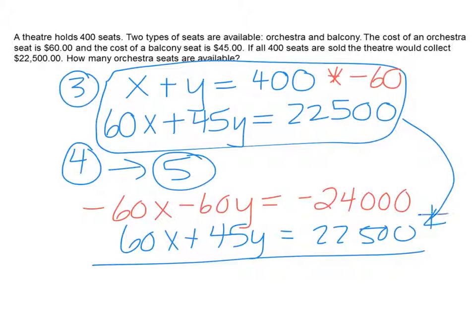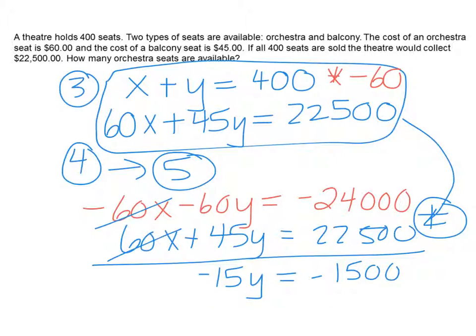I'm going to add these 2 equations together, and what's going to happen is my 60s will cancel, and I'm left with negative 15y is equal to negative 1,500. Now I know if I divide both sides by negative 15, my value of y comes out to be 100.